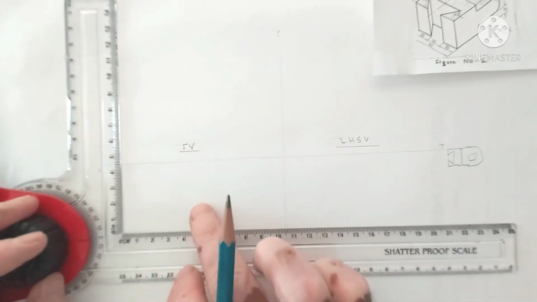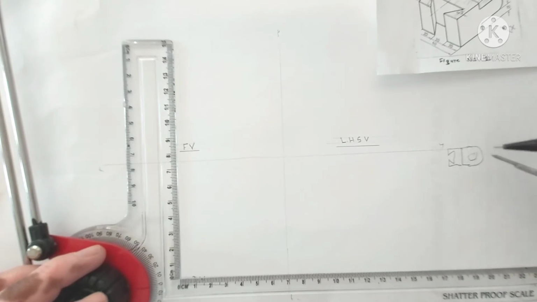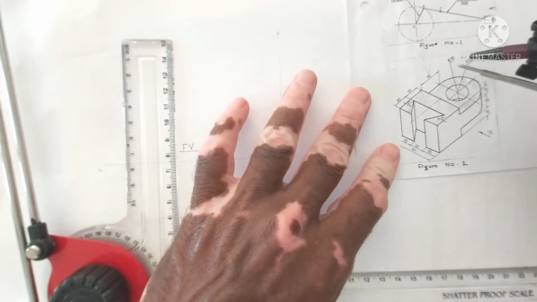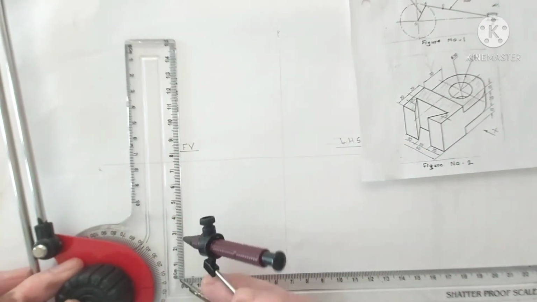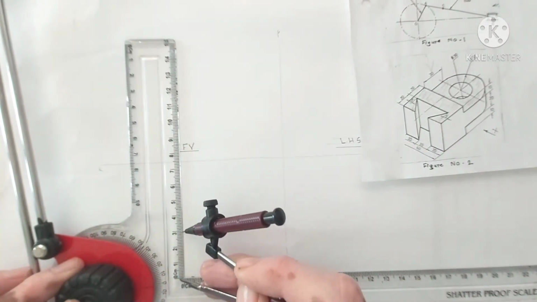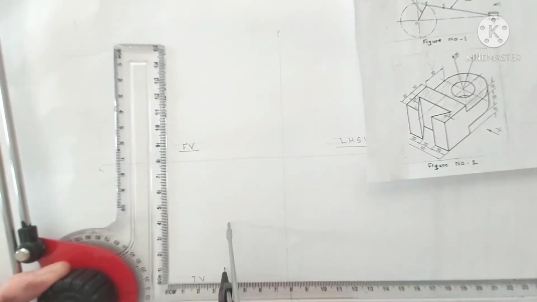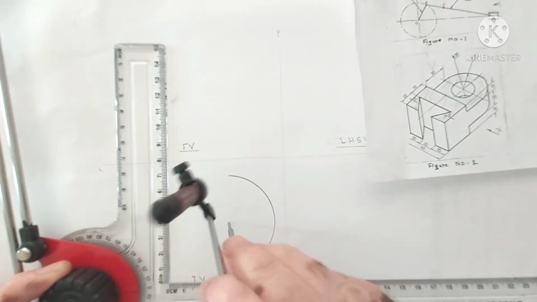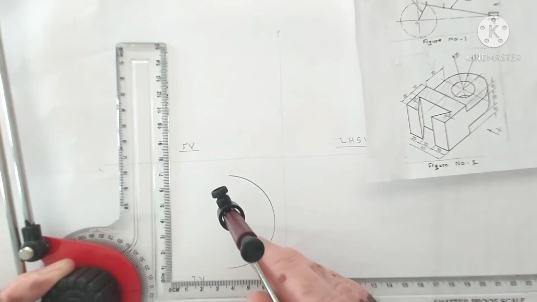So here we have to draw the top view. First I will draw the circle of radius 30. This radius is 30 and the diameter is 30. So first draw these two circles: one with a 30 mm radius, a half circle, and a full circle of diameter 30, meaning radius 15.